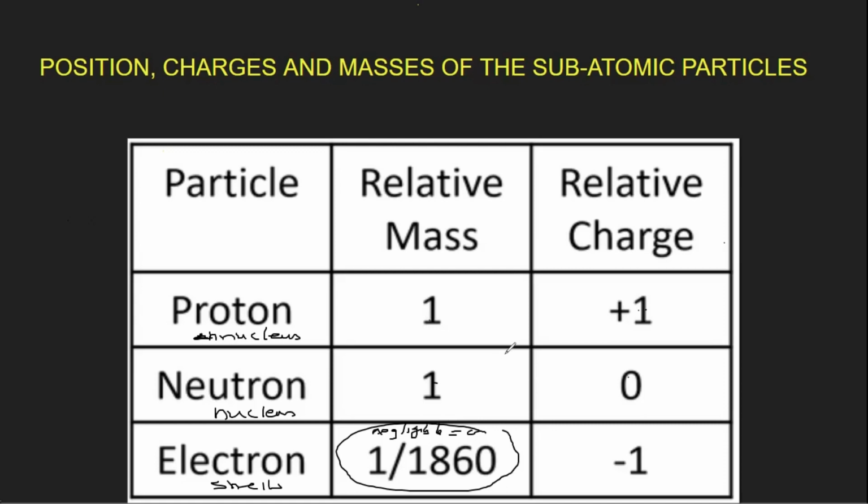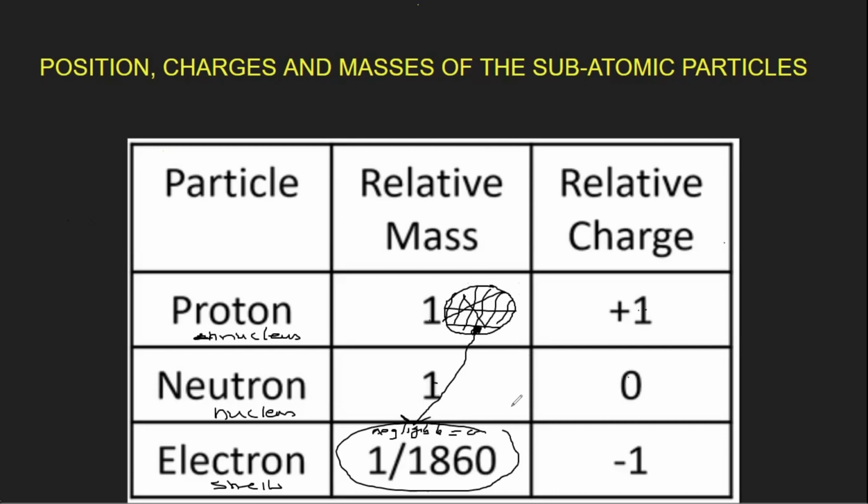Why are we saying this? The mass of a proton and neutron is 1. For example, take 1 proton. If I divide this proton into 1860 pieces, which is not possible, but if we imagine that we break the proton into 1860 pieces, then one tiny piece is the mass of the electron.